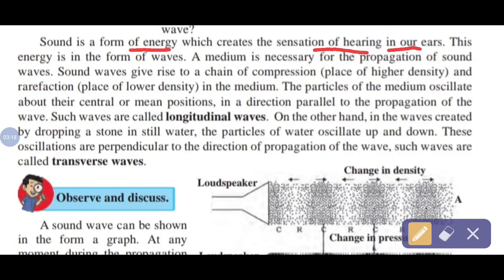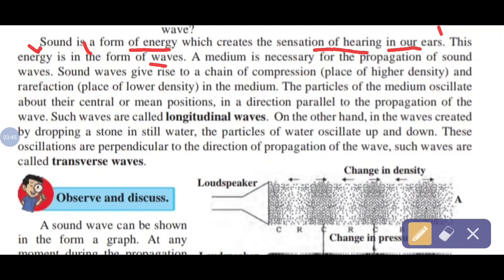The question is asked this way, a 1 mark question. So mark this first line up to ears. Clear? Starting from a form of energy which creates the sensation of hearing in our ears is called sound. Clear all of you?